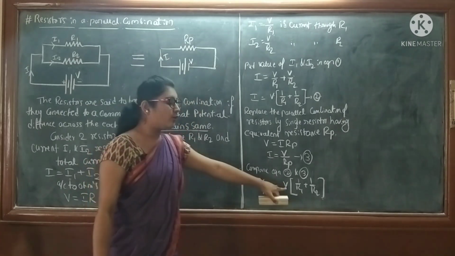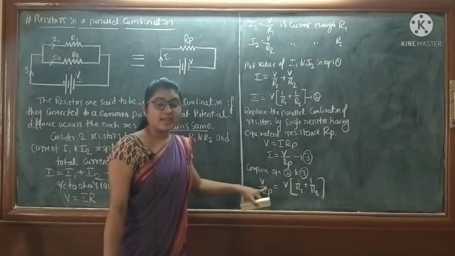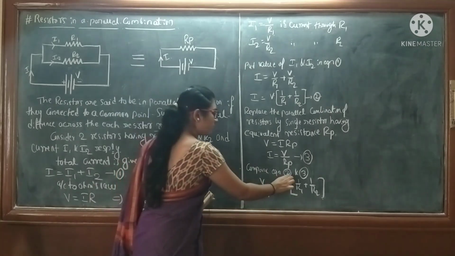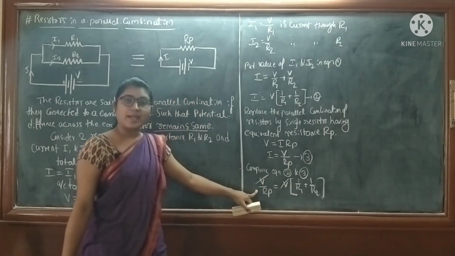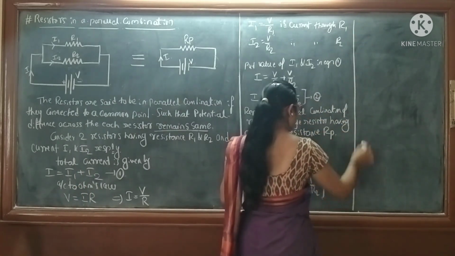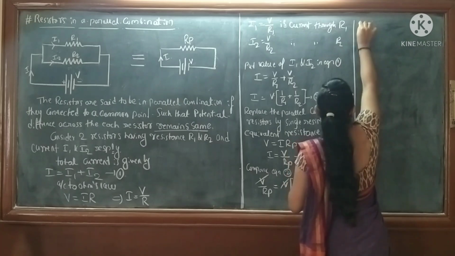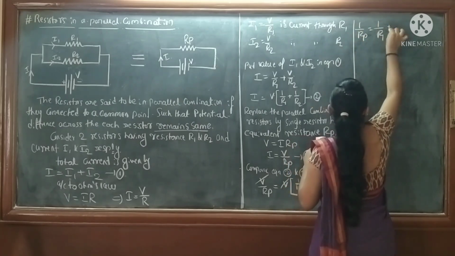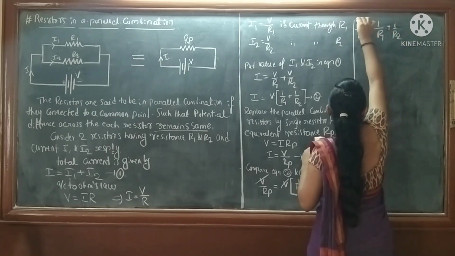So here both V get cancelled, because they are both in the numerator. So what remains here? Here I will write: 1 by RP is equal to 1 by R1 plus 1 by R2.